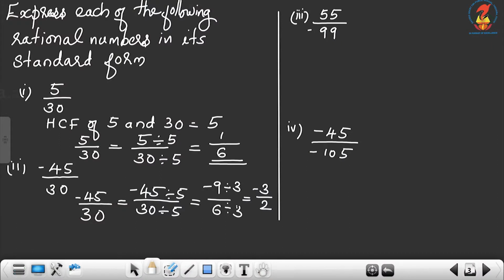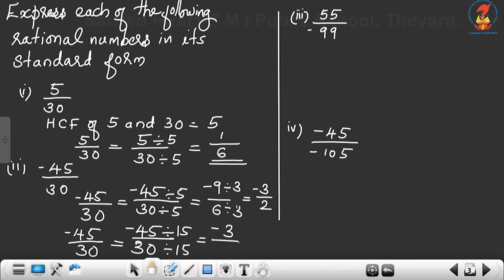Or you can do it in one single step itself: negative 45 by 30, we can divide both numerator and denominator by 15, negative 45 by 30 divided by 15 is equal to negative 3 by 2. Therefore, the standard form of negative 45 by 30 is negative 3 by 2.